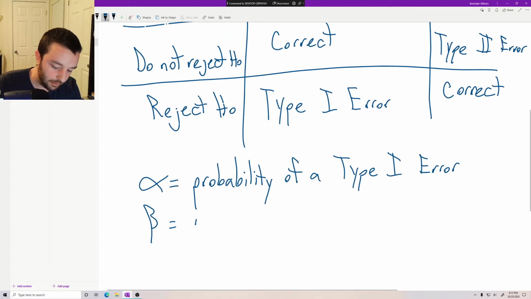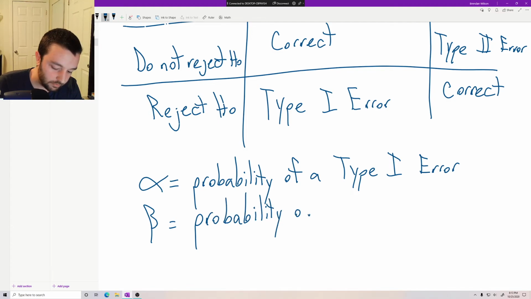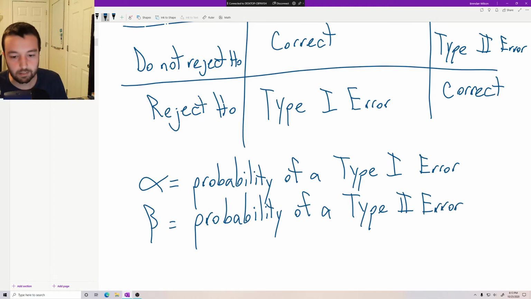And beta is the probability of a type 2 error. Okay. Beta is the second letter in the Greek alphabet, so it's used for type 2 errors. You might be thinking, we just used alpha in the last section to determine the confidence level. And that is not a coincidence. It's because it's the same thing. But we're not really going to get into that connection. But that's why we're using alpha in both places, because it's representing the same thing.